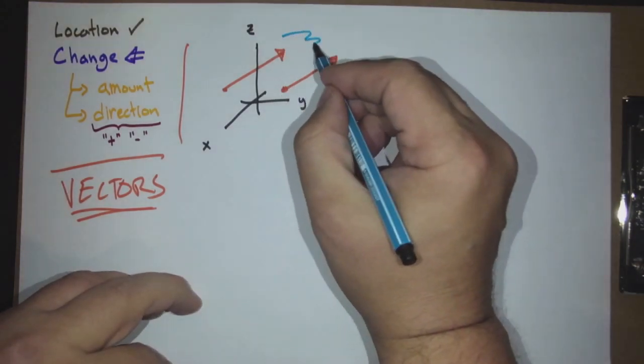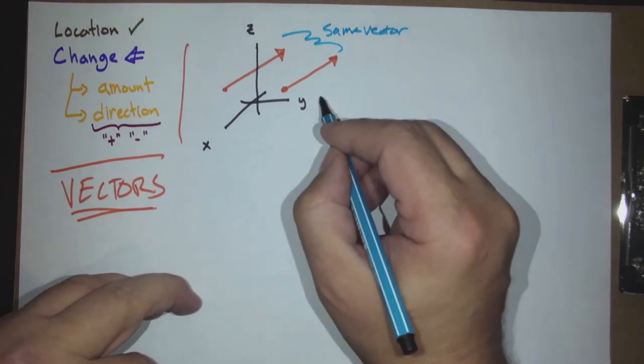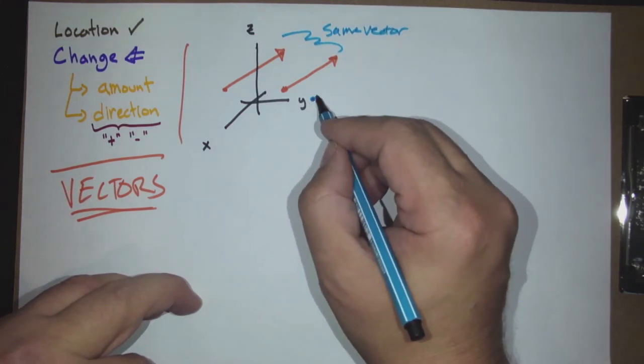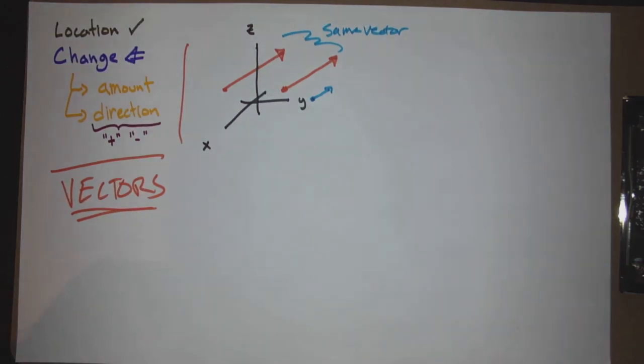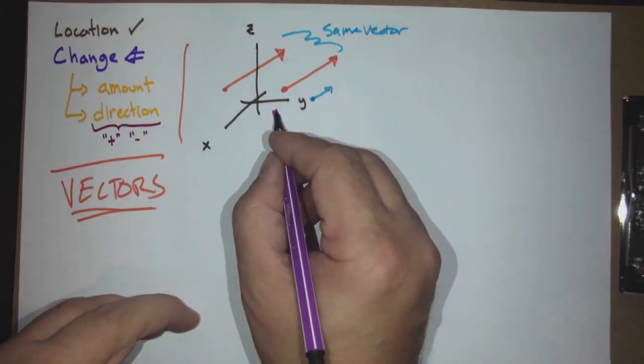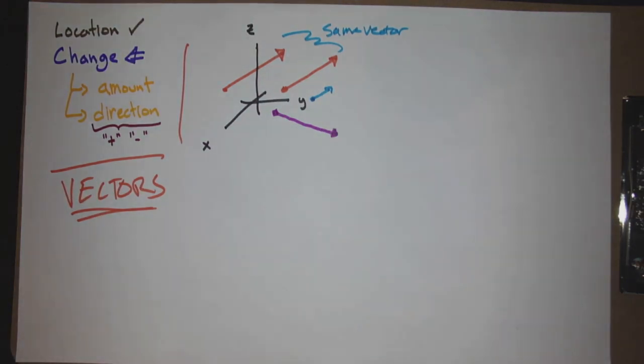So these here are the same vector. But of course, if I have, say, the same direction but a different length, then it's not the same vector. Or if I have the same length but a different direction, again, not the same vector. So it's direction and length that determines your vector, and vice versa.